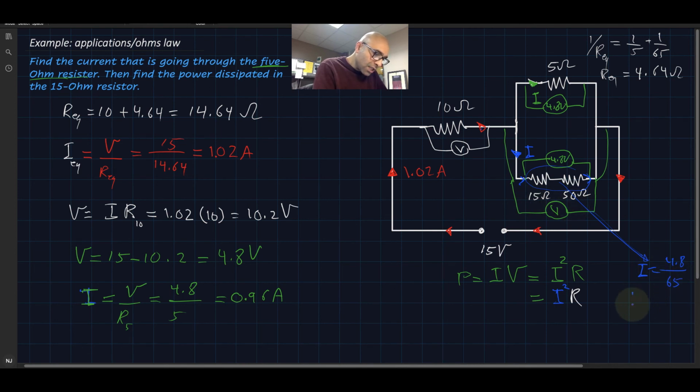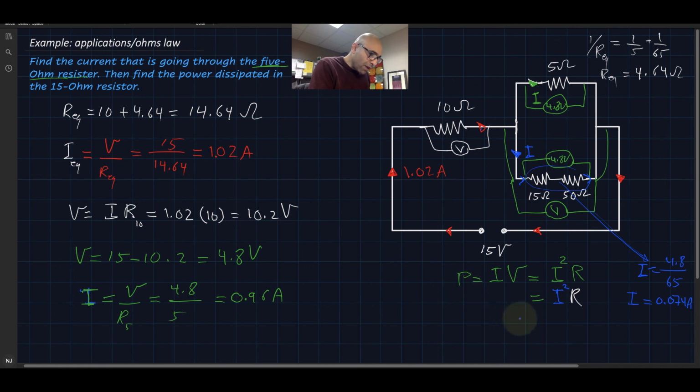And if you do this calculation, you will find that the current going through this whole resistor combination in series is equal to 0.074 amps.